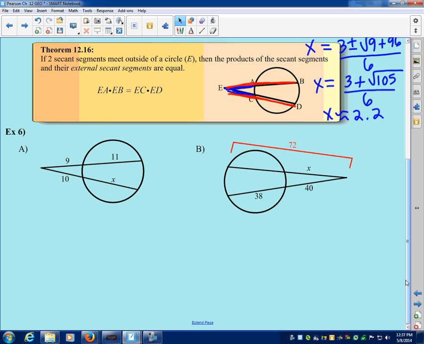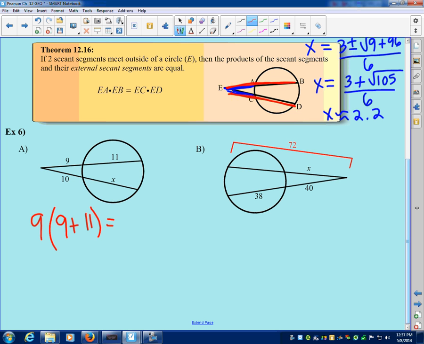Let's see if we can apply that to example 6a. So what would EA be in this example? I have 9 times, what would EB be? Not 99. It's going to be 9 plus 11.